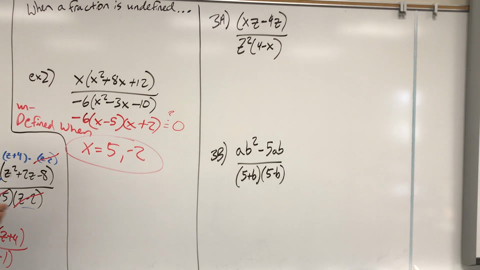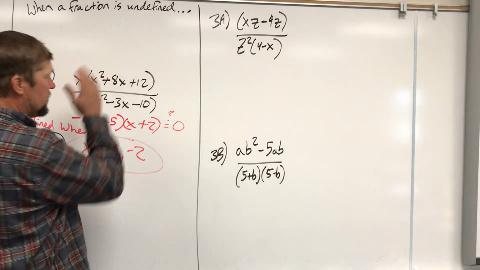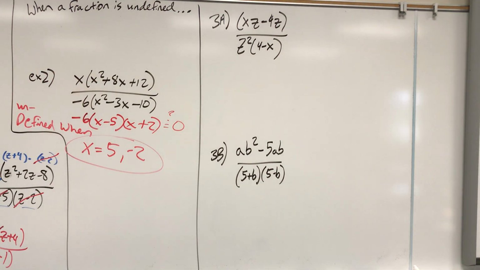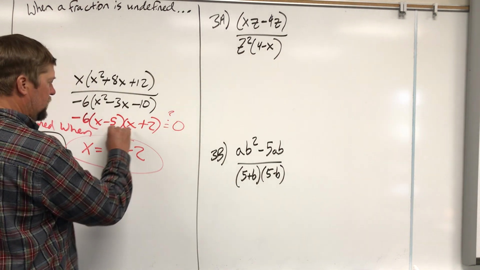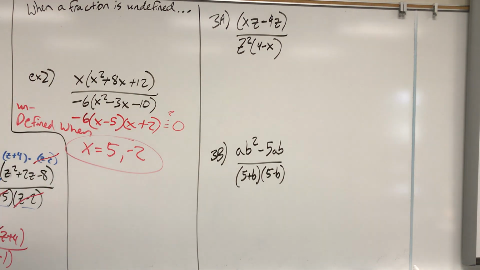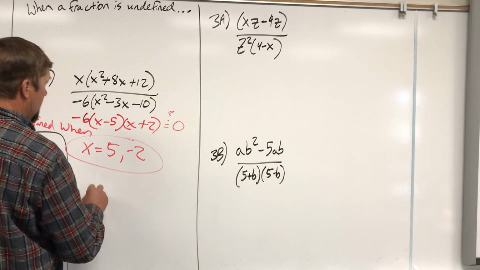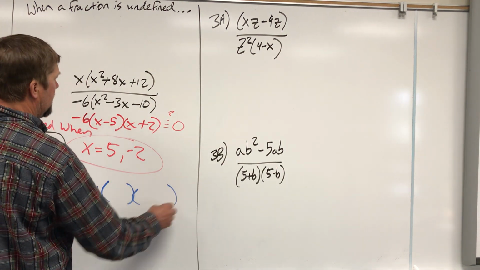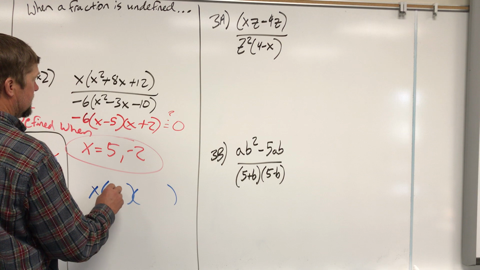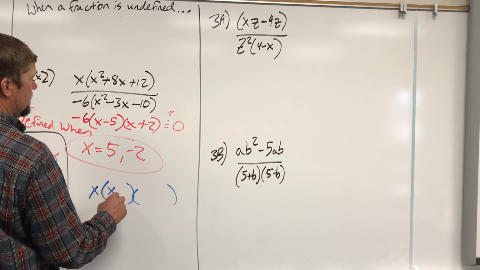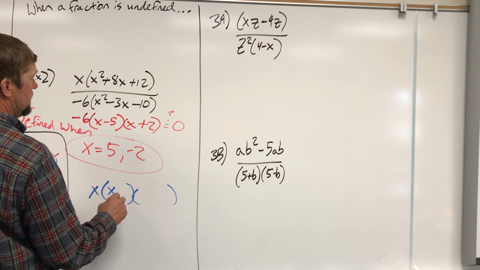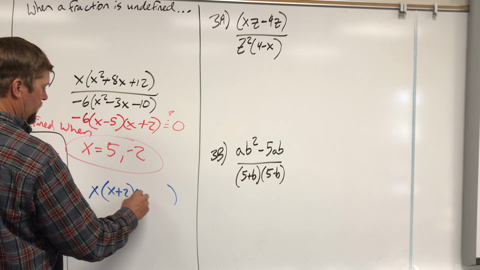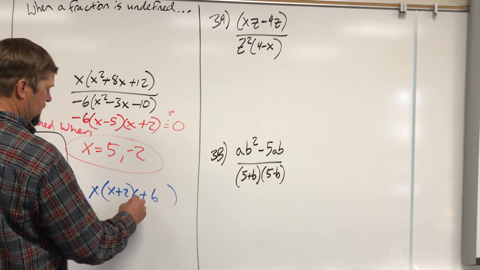Now, even though one of those factors may cancel out with the top, you still have to take into account when you're finding your undefined variables. So let's just try this for example. If I have x, let's see if this factors here. X, let's see, 12 would be 6 and 2, so plus 2 plus 6.